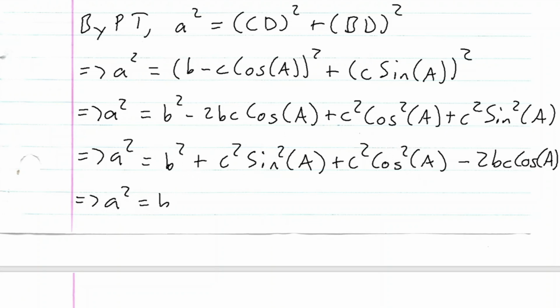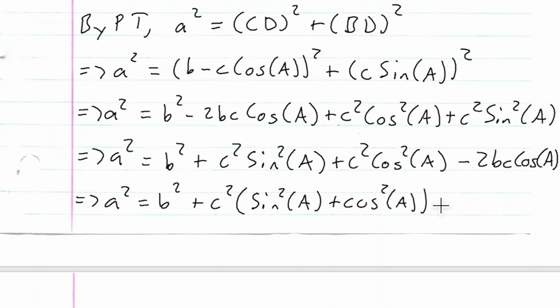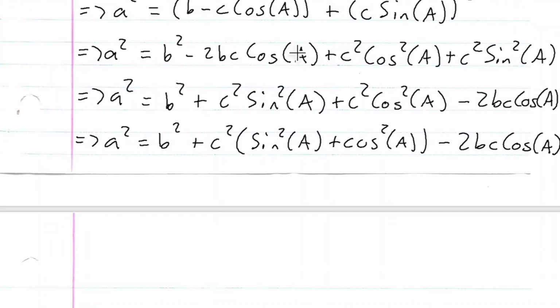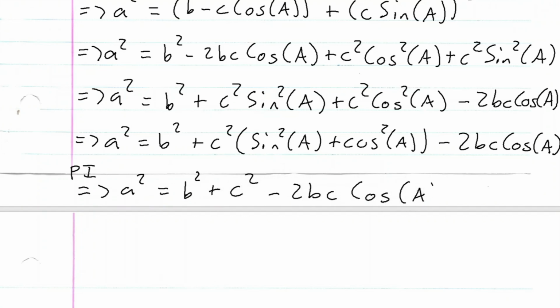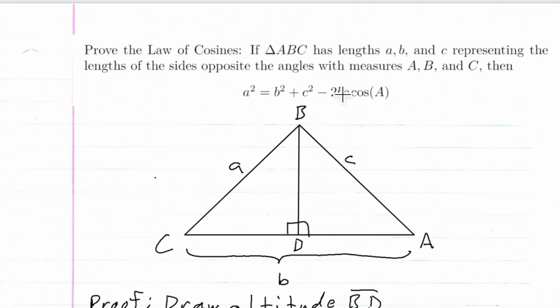So a squared is equal to b squared plus c squared times sine squared A plus cosine squared A, minus 2bc cosine of A. And I can see that sine squared A plus cosine squared A is just 1. So using the Pythagorean identity, a squared is equal to b squared plus c squared minus 2bc cosine of A, which is exactly what I wanted to prove.